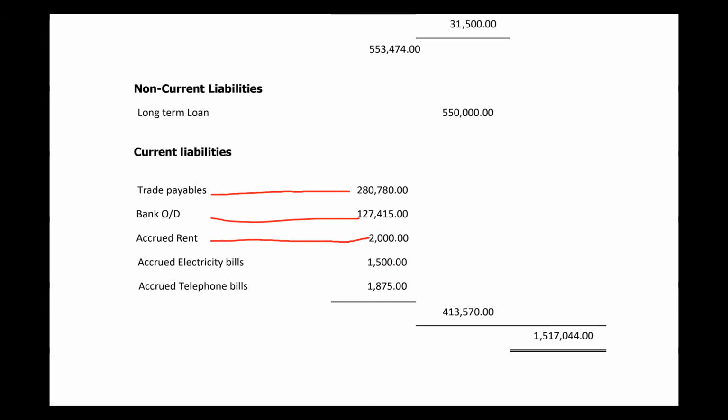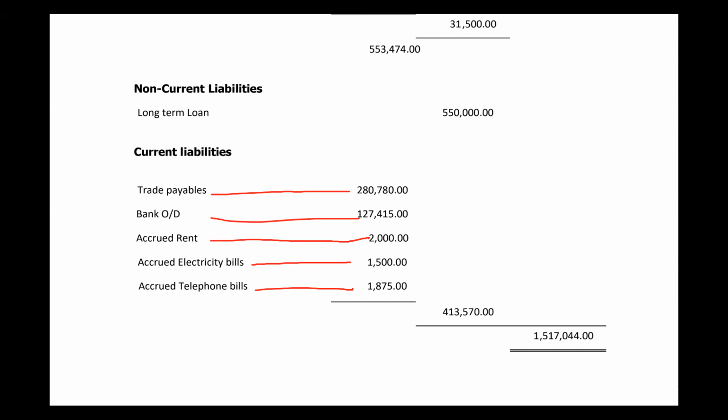Accrued rent, those are liabilities as well. So accrued expenses are liabilities. You add them to expenses. Then again, they also resurface as current liabilities. Did you get that? Yeah. So you record them twice.